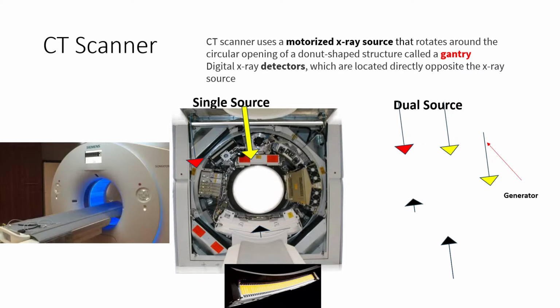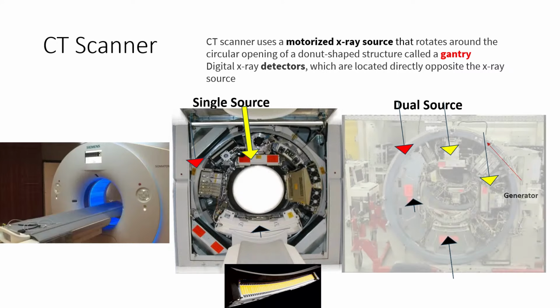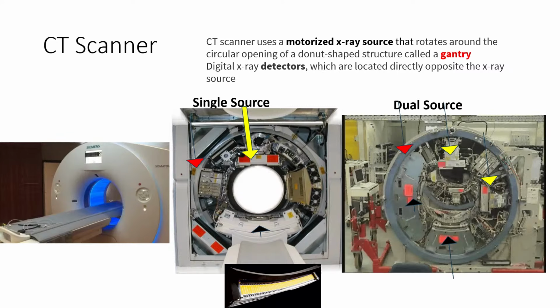And then on the other side of the X-ray source, there are detectors that capture the photons after the X-rays go through the patient. Okay, so you could have a single source of X-ray or 2 sources of X-ray. Okay, and the patient goes in the middle.